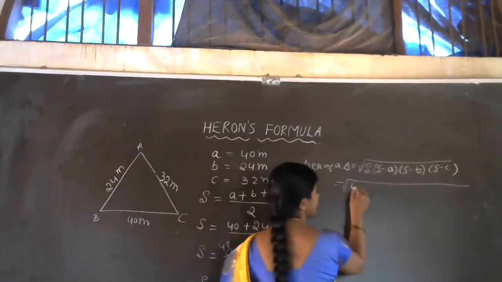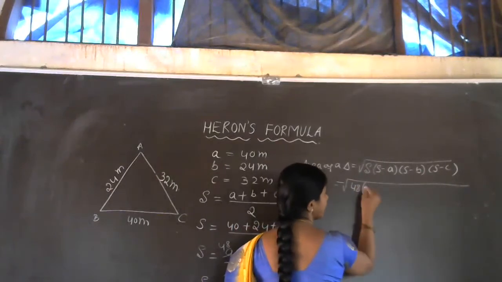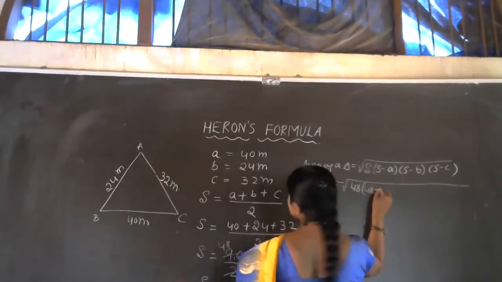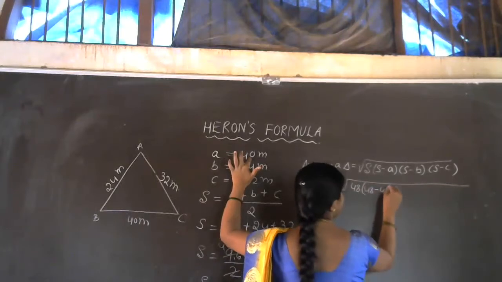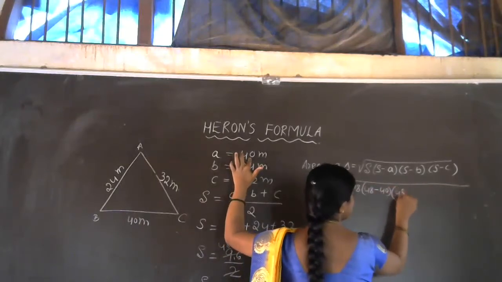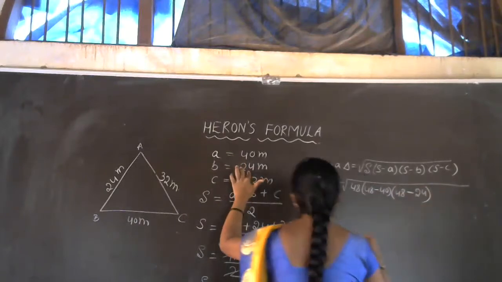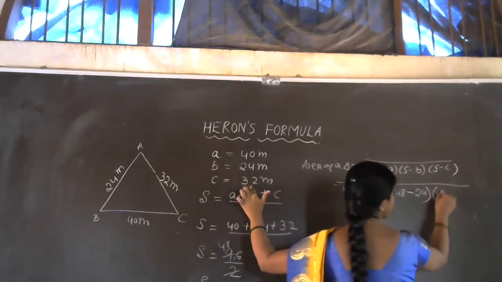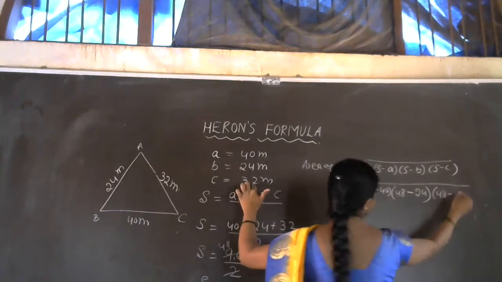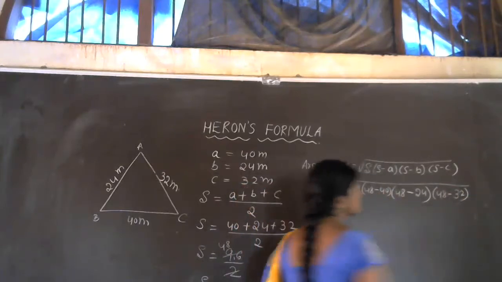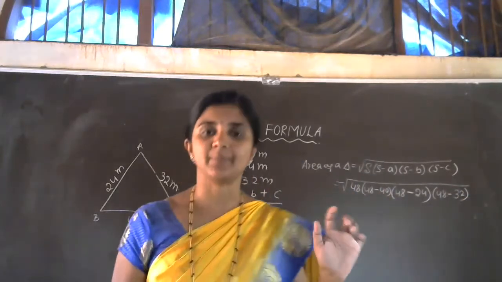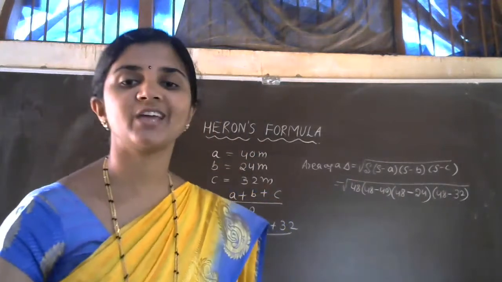So S is 48, then S, 48 minus A which is 40, then 48 minus B which is 24, next 48 minus C which is 32. So this is the substitution step. Then just simplification is remaining.